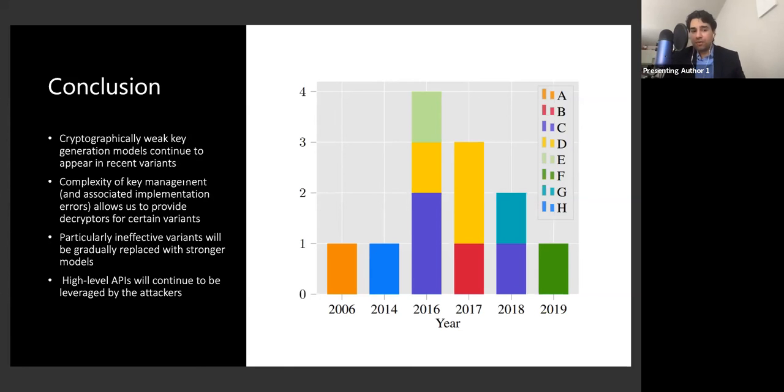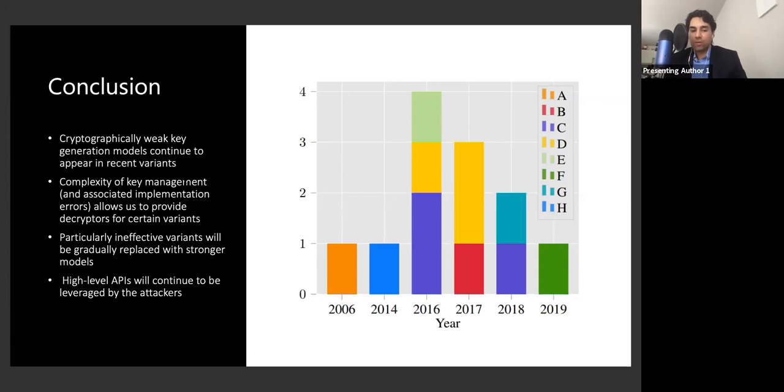In conclusion, we've seen that weak generation models continue to appear, and because these weak encryption key generation models appear, we see efforts like No More Ransom, where experts decrypt data for victims if the ransomware is found to be weak in its key generation. Ultimately, they are learning, and they will replace the weaker models with stronger models.